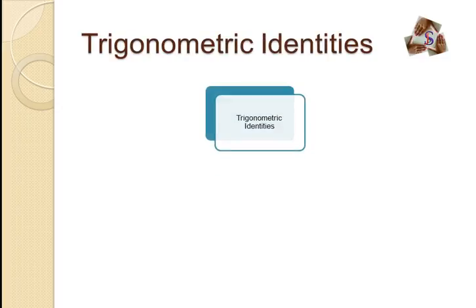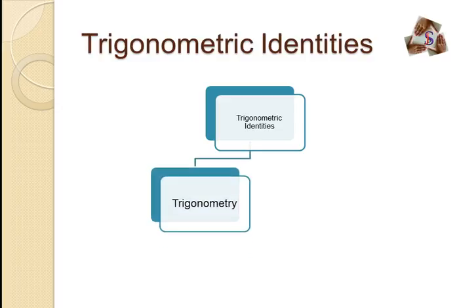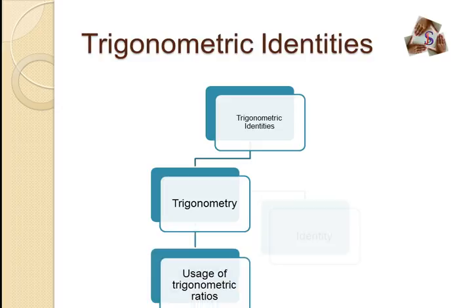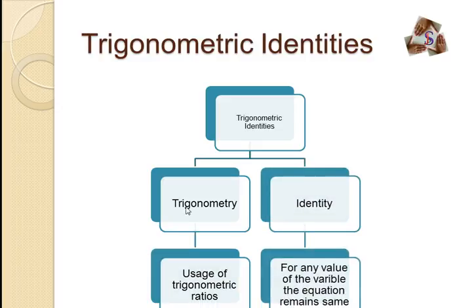So what do we mean by a trigonometric identity? Trigonometric identity is a composition of trigonometry and identity. Trigonometry, because it's the usage of trigonometric ratios, and identity, because for any value of the variable the equation remains the same.